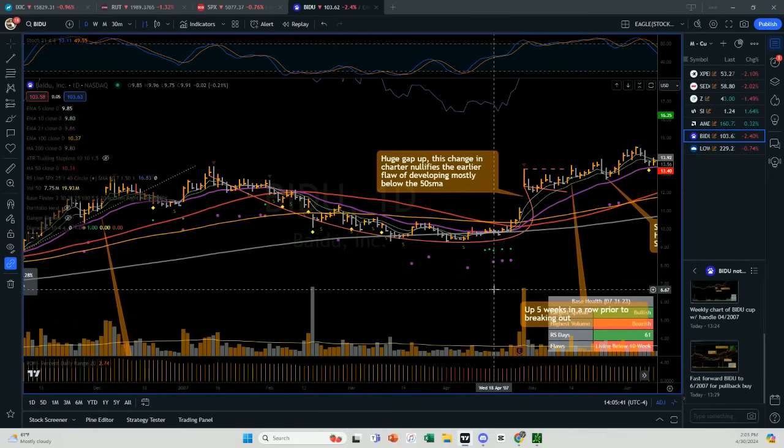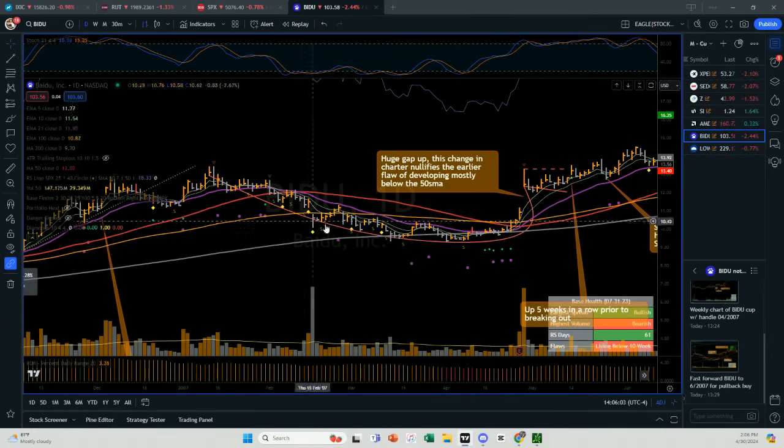And so I think that part of the point of this is that when you get a huge gap up like this, it can nullify some of the negative aspects of the base, some of the flaws that were in the base previously. So all this hanging out below the 50-day moving average and that being a flaw, the character changes starkly here.